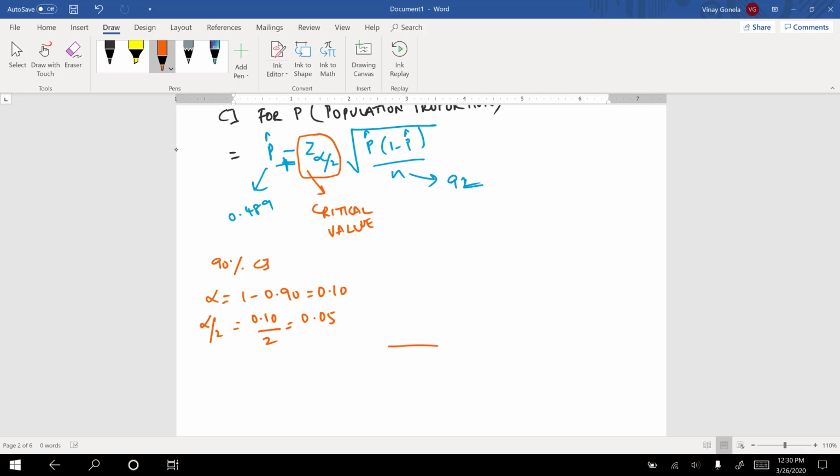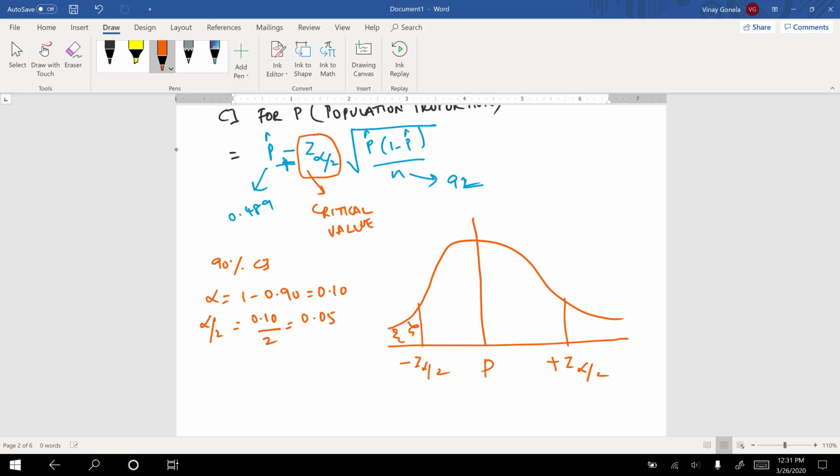If we draw our normal distribution curve, this will be our population proportion curve, and we are looking at where our sample would lie. This is negative z alpha over 2, and this is positive z alpha over 2, and this area and this area together would be 0.10.